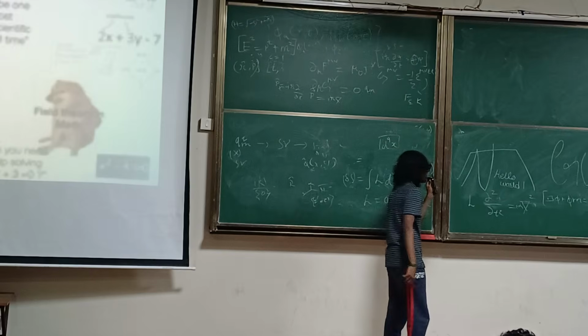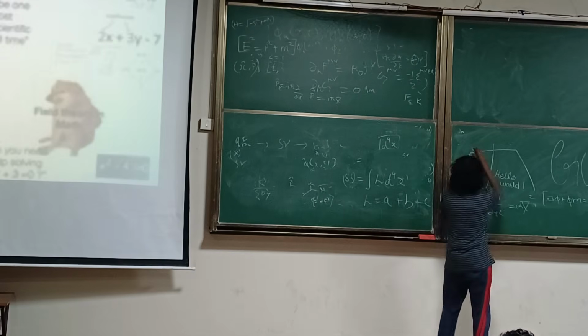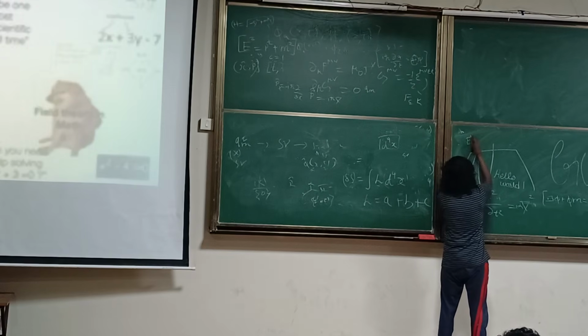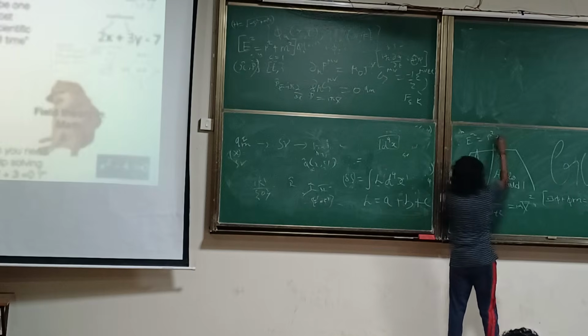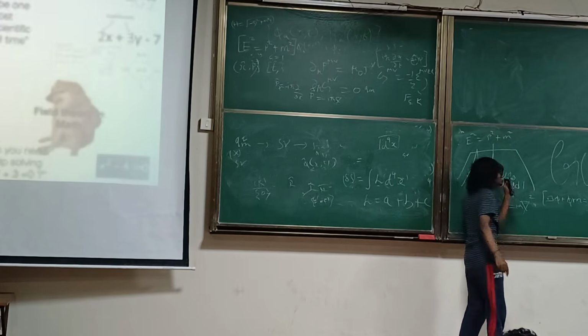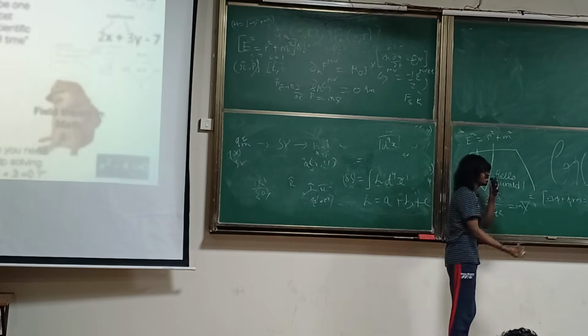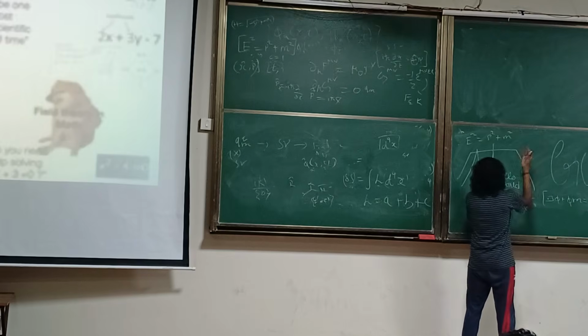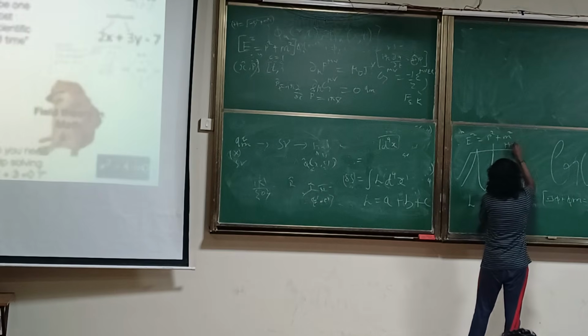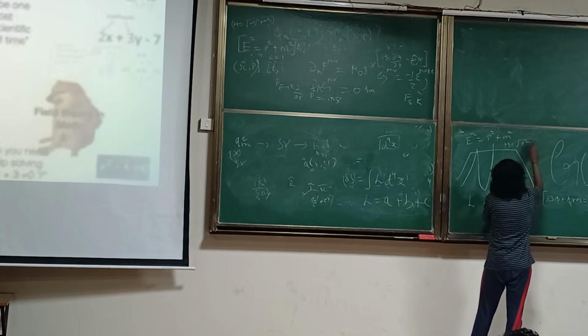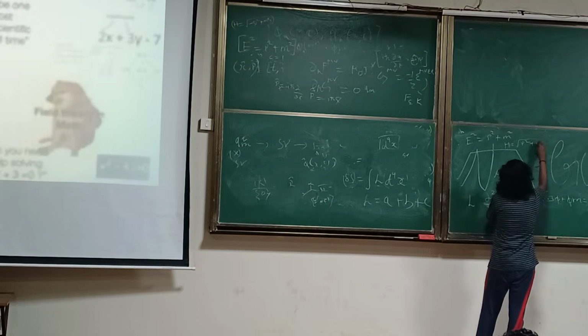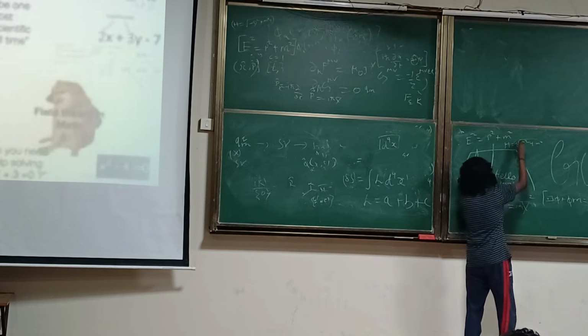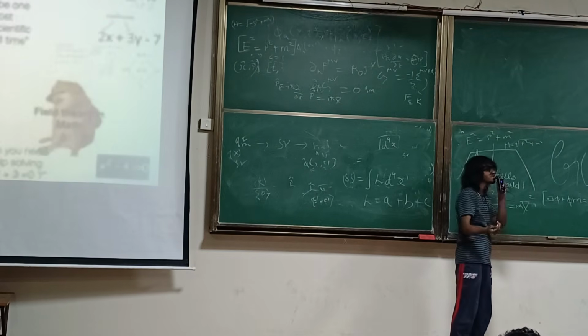Now this failed because, if you go back, I said E squared is P squared plus M squared, setting c to 1, as far as SR is concerned. So positive values make sense.